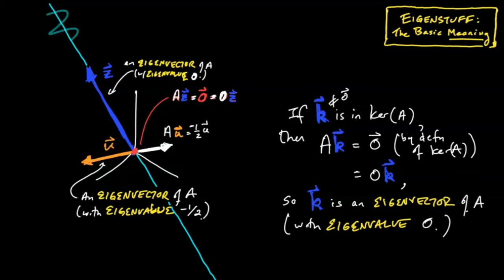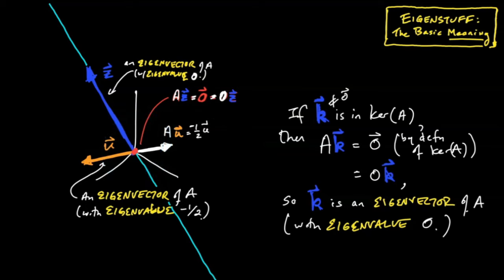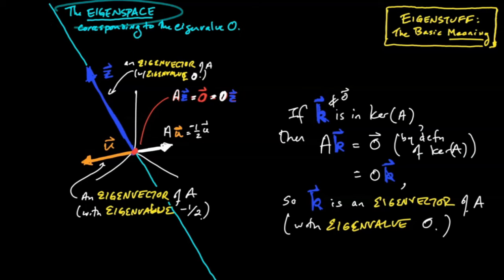But if we take all the eigenvectors with eigenvalue 0 and then just throw the origin in with them to form a set that in this case would consist of that entire line, we would have a genuine subspace of R3. And we would call it the eigenspace corresponding to the eigenvalue 0. Or more briefly, we will abbreviate that with the symbol capital E sub 0. Capital E for eigenspace, 0 because this is the eigenspace corresponding to the eigenvalue 0.